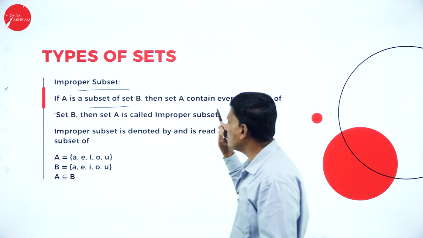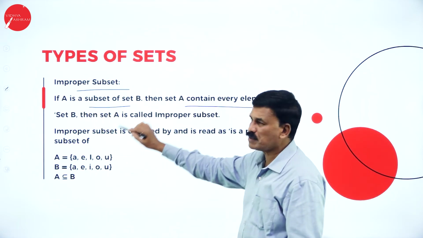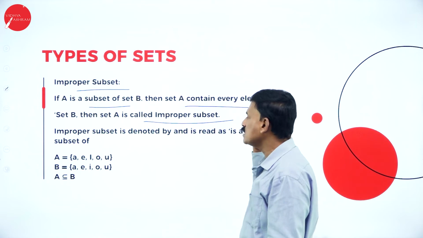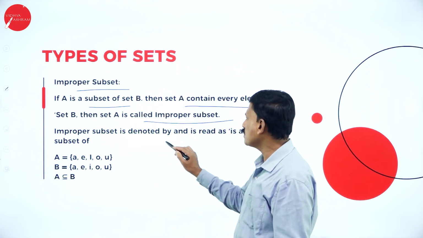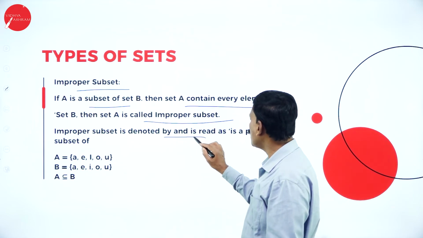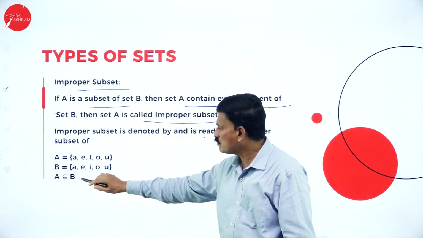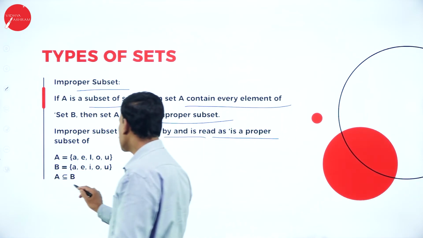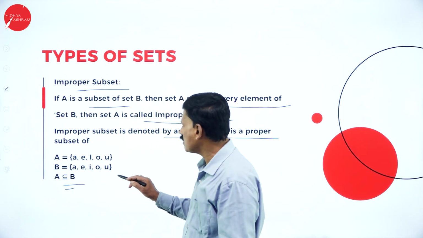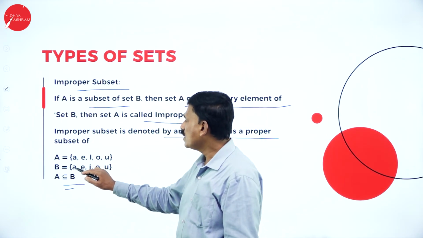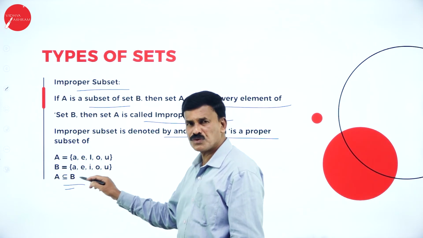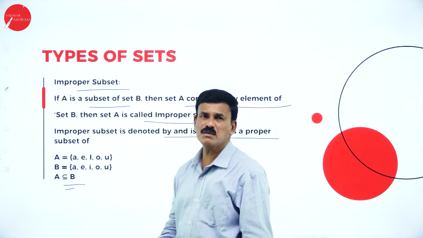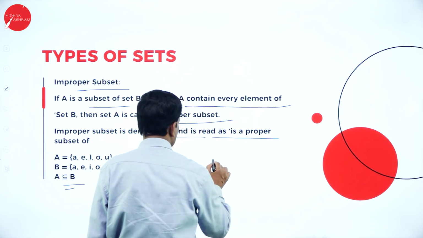If A is a subset of B, and set A contains every element of the set B, that is, A contains all the elements of the set B, then the set A is called the improper subset of B. The improper subset is denoted like this, and it is read as A is the improper subset of B. Let us take an example: A, E, I, O, U and A, E, I, O, U. Therefore, A is an improper subset because all the elements of A are the elements of the set B. Now, let us take one more example.